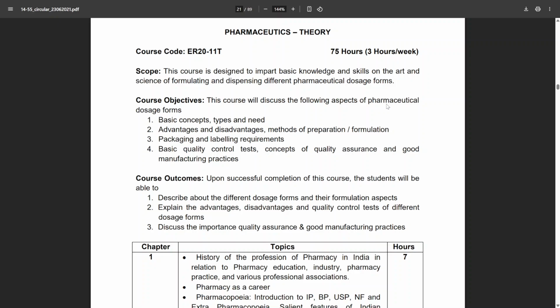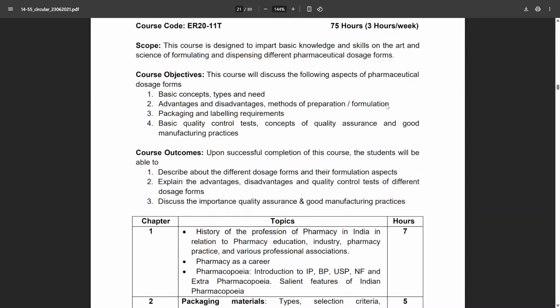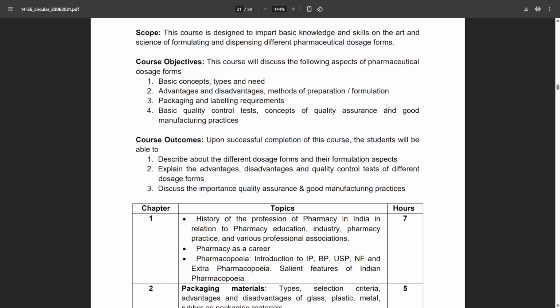Now let's move to the course objective. This course will discuss the following aspects of pharmaceutical dosage forms. 1. Basic concepts, types and needs. Advantages and disadvantages, methods of preparation, formulation, packaging and labeling requirements.